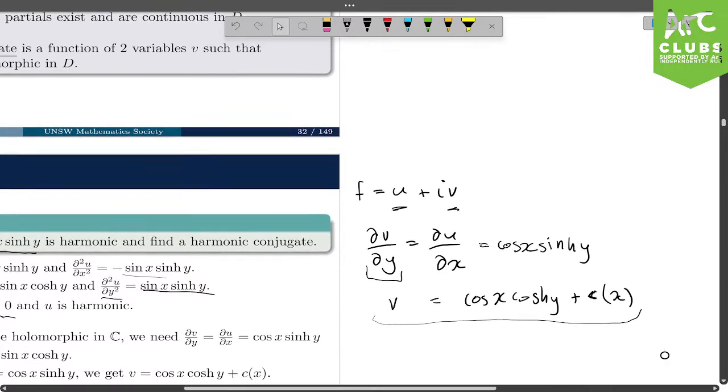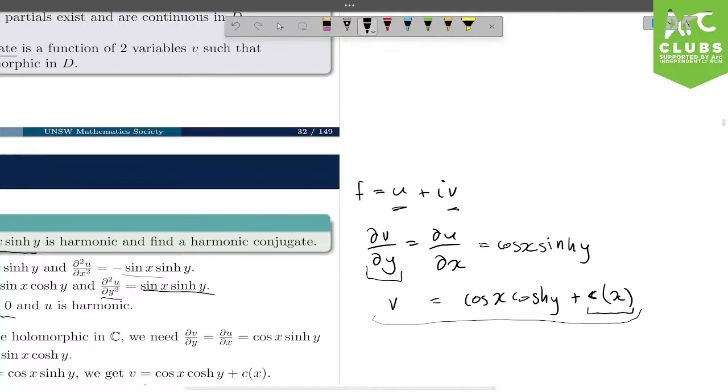So our next step is to find out what this function c of x has to be.